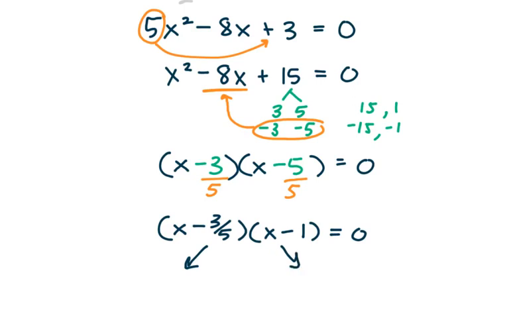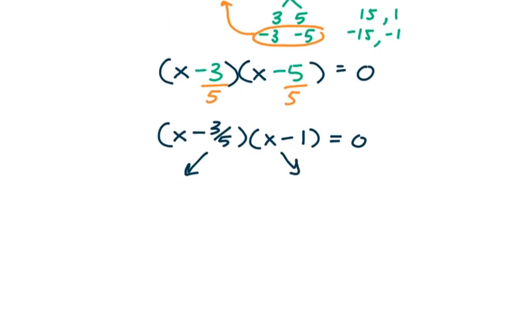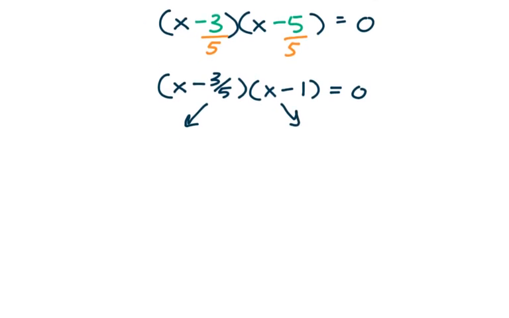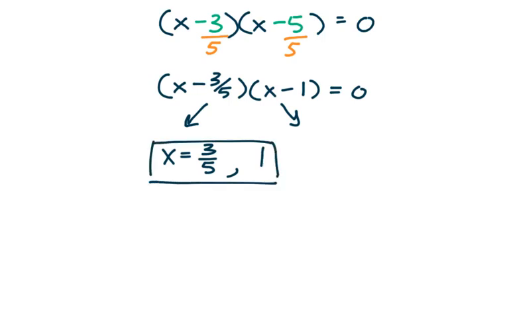So now I have two factors multiplied equal to 0. That's going to give me that x is positive 3/5 as well as x equals positive 1. Setting each of those factors equal to 0, I will get these two values.